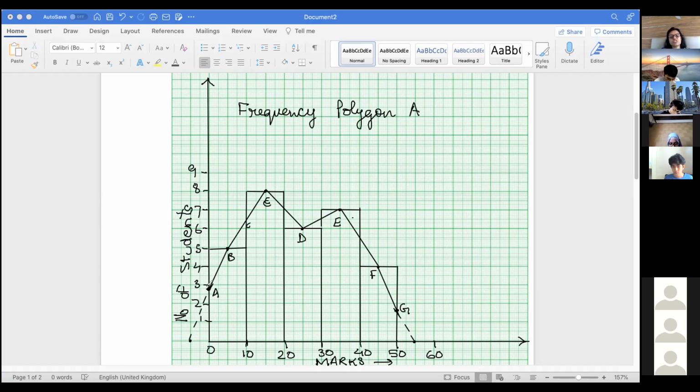This point we have just marked so that we get the point of intersection over here and point of intersection over here. So that is why I have drawn it with dotted line. Okay, so it starts from here.